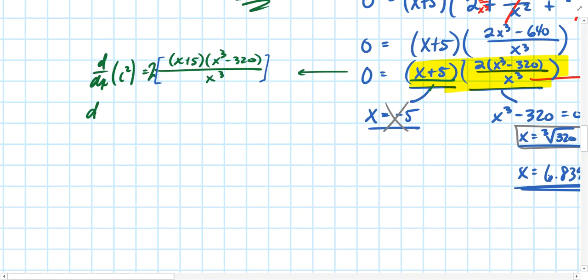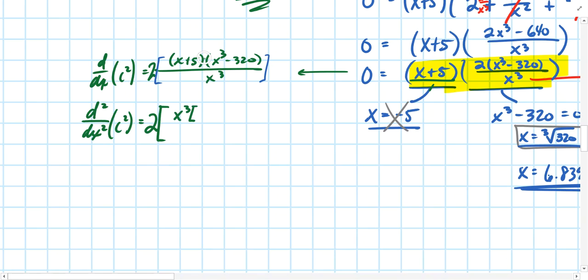So if I need the second derivative of c squared, that would be the derivative of the step above. This 2 acting as a coefficient just drops down. And now I just need to apply the quotient rule and essentially the product rule in the numerator too. So here we go with the quotient rule. The low function, x cubed, times the derivative of the high function.